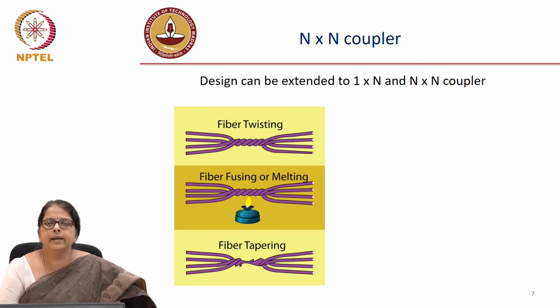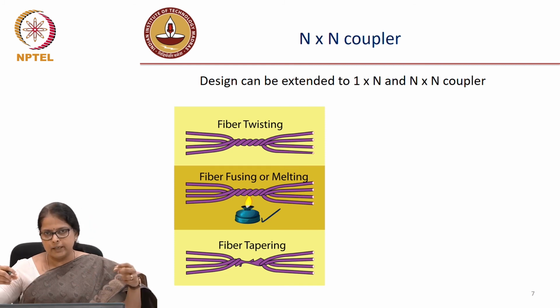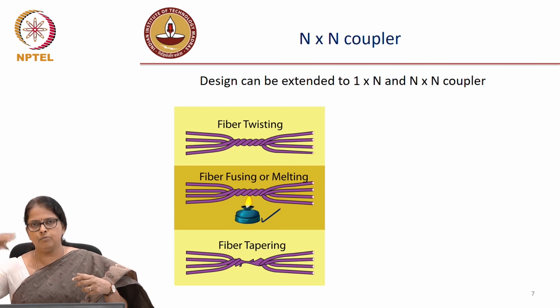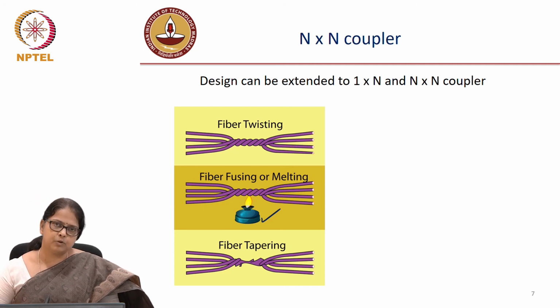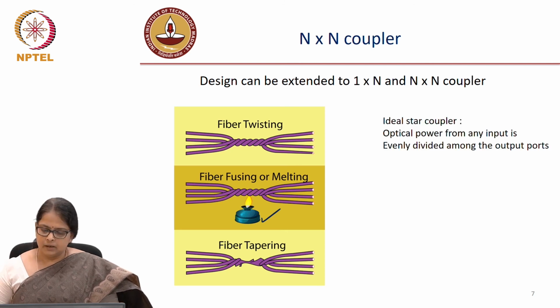How do you make an n by n coupler? A coupler which has n inputs and n output ports. You can extend the same design. So you take n fibers, you twist them all, then you do the melting or fusing, and then you do the tapering. Again, while the bundle is being tapered, you monitor the power at all the output ports, and you can optimize the procedure.